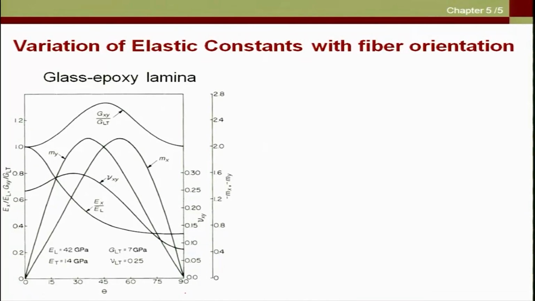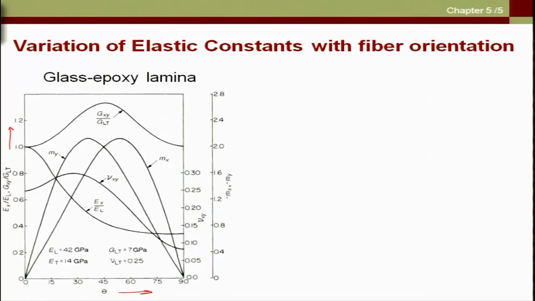On the x axis, we are seeing the variation of theta. Theta is increasing from 0 to 90 degrees. Then on the y axis, I have three parallel axes. This axis provides the scale for Ex normalized with respect to El and Gxy normalized with respect to GLT.